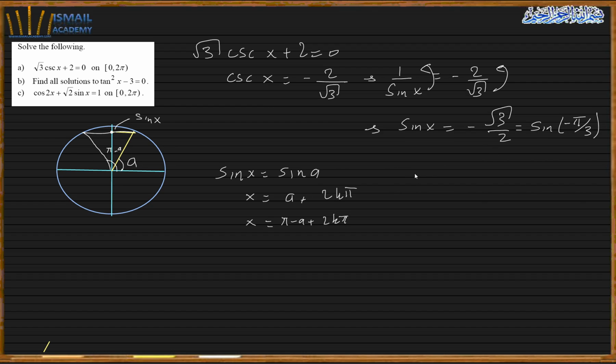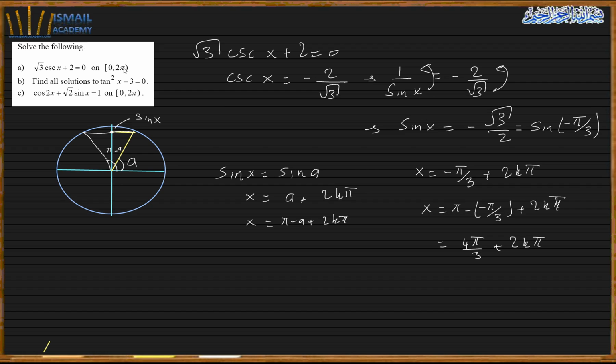So here I will end up having x equals minus pi over 3 plus 2k pi, or x equals pi minus minus pi over 3 plus 2k pi, which means pi plus pi over 3, which is 4 pi over 3 plus 2k pi.